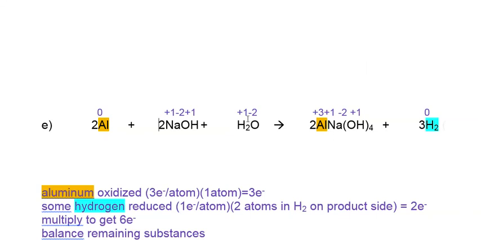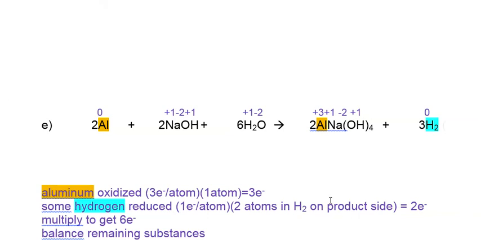So if I look at my oxygen or my hydrogen, either one, I can figure out how to balance my water. So I'm going to look at the oxygen. I have 4 oxygens in my substance times 2, so I have 8 oxygens on this side. I have 2 already accounted for in the sodium hydroxide, so I need 6 more oxygens from that water. So that gives me 6 oxygens.